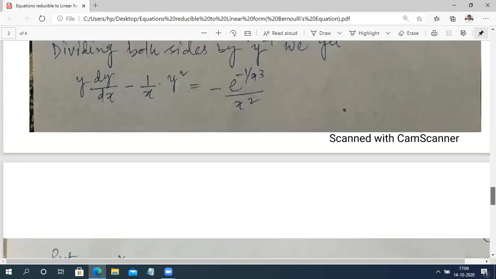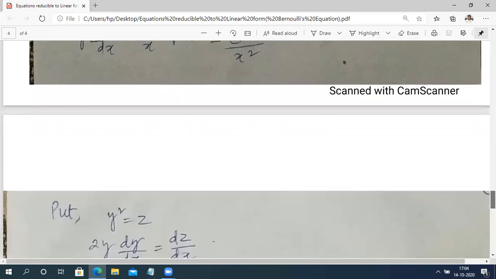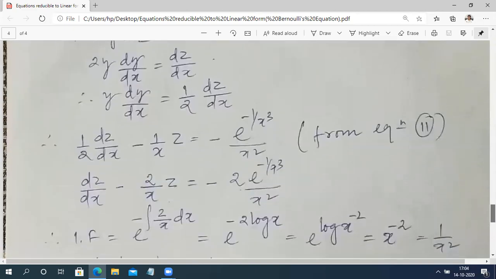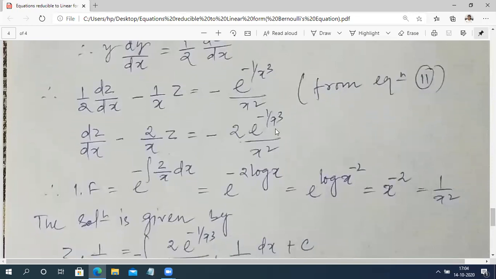Now substitute this value over here. In this place you will write 1 by 2 dz by dx minus 1 upon x into z is equal to q, which is minus e to the power minus 1 upon x cube by x square.